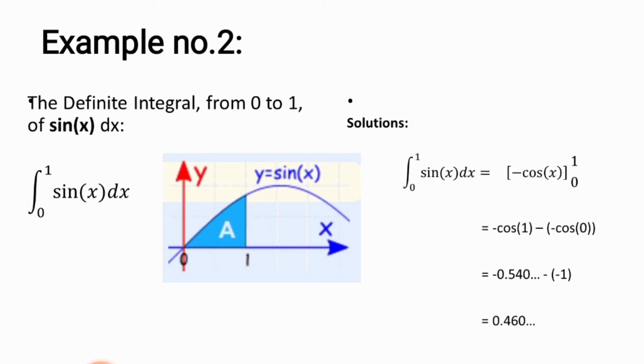Since we are going from 0, can we just calculate the integral at x equals 1? Which is negative cos 1, equal to negative 0.540. So what? It is negative, but it looks positive in the graph.